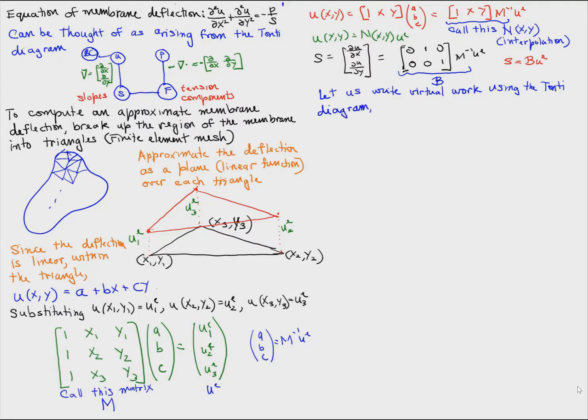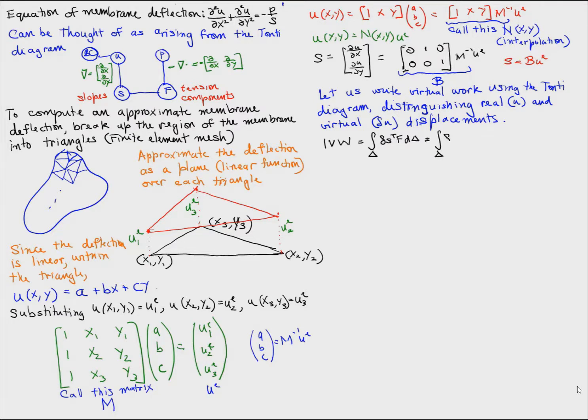Now let's write an expression for virtual work using the Tonti diagram. But this time we'll distinguish real displacements. We'll use the letter U for real displacements and delta U for virtual displacements. So the internal virtual work is the virtual slopes transposed times the real tension components.